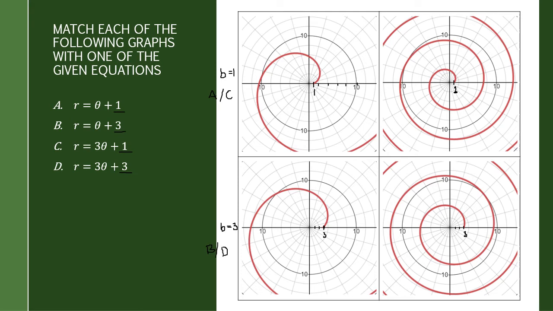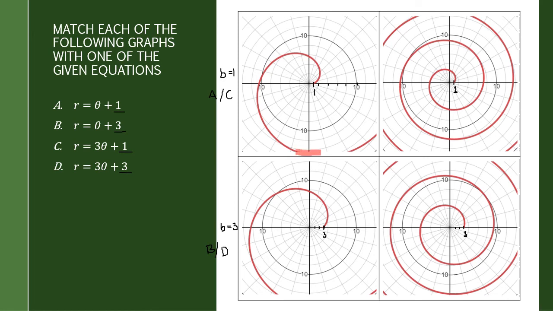Now let's think about the tightness of the spiral. How long does it take for me to go from one curve to the adjacent curve? So on these 2 on the left here, notice how wide the spiral is. I am going off the graph before I even come around to my next curve.